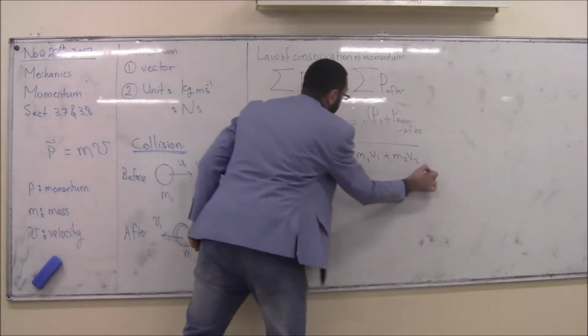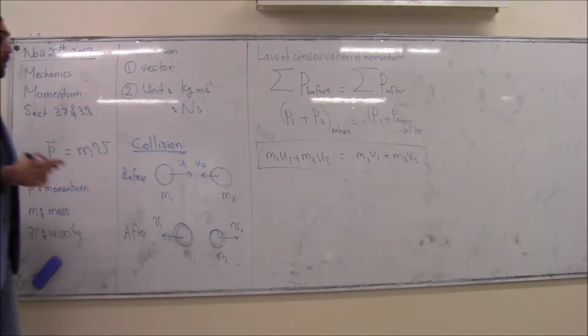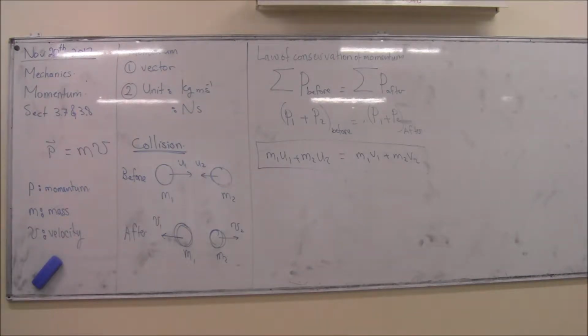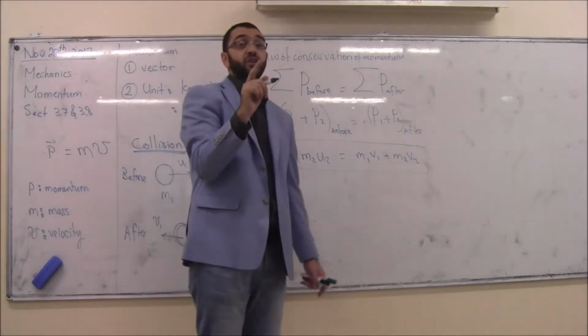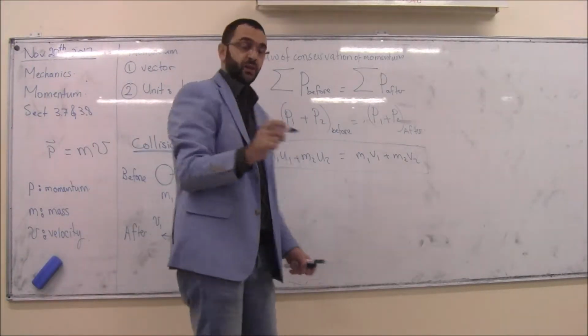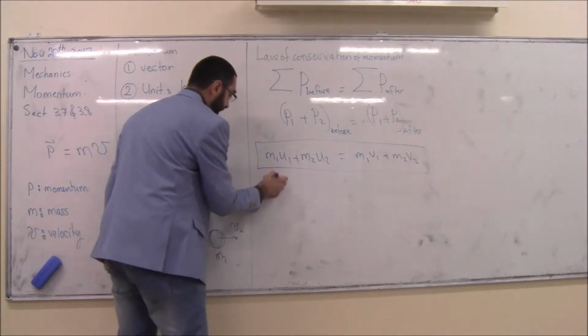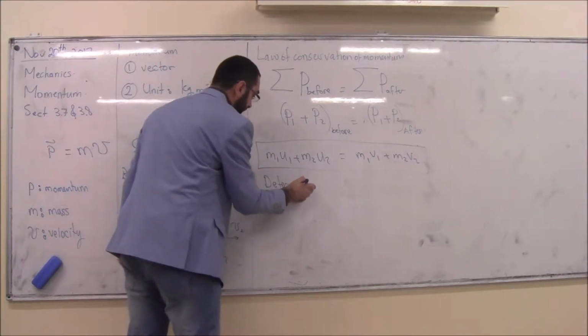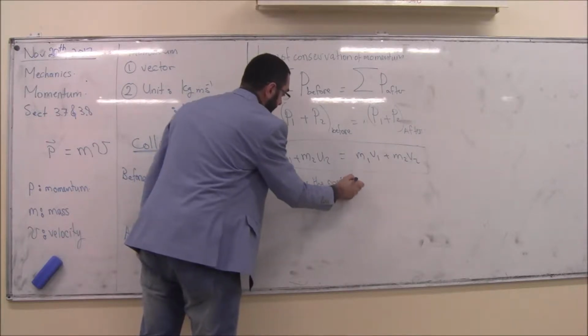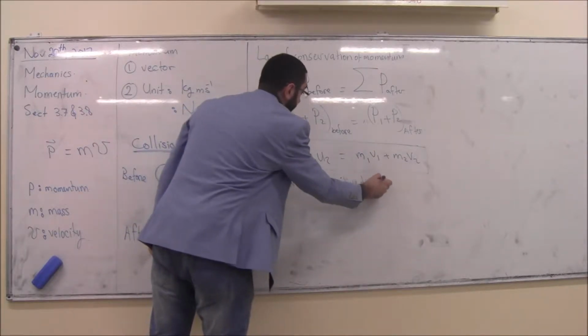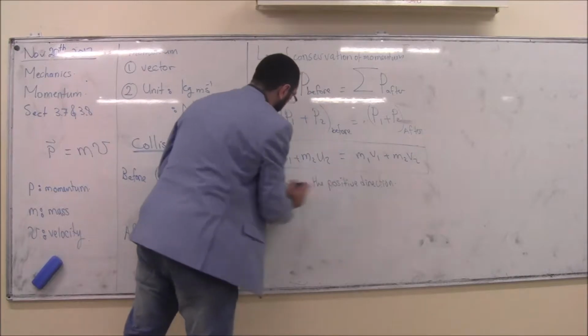This is the formula that will be regularly used. Here we have to take into consideration the positive direction. We have to determine the positive direction. This is the first important point.